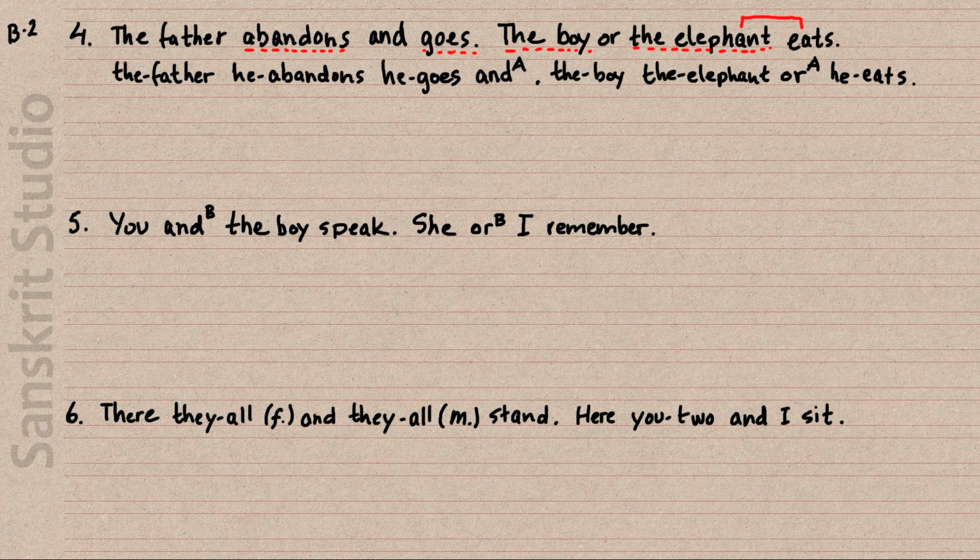But if I say I or the boy, then the word will be "eats", because the boy is closest to "eat". So the boy or I eat, or you can say I or the boy eats. So similarly, it works the same there, that "he" refers then to the elephant.